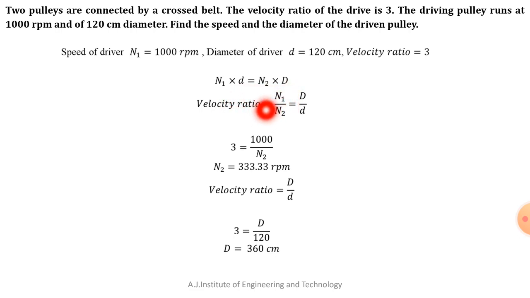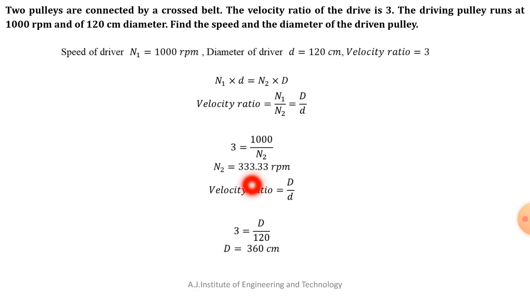So velocity ratio is given by n1 divided by n2 is equal to capital letter D divided by small letter d. So velocity ratio is given, that is 3. So you have to substitute here, 3 is equal to n1 divided by n2, n1 is given, n2 you have to find out. So n2 becomes 333.33 rpm.